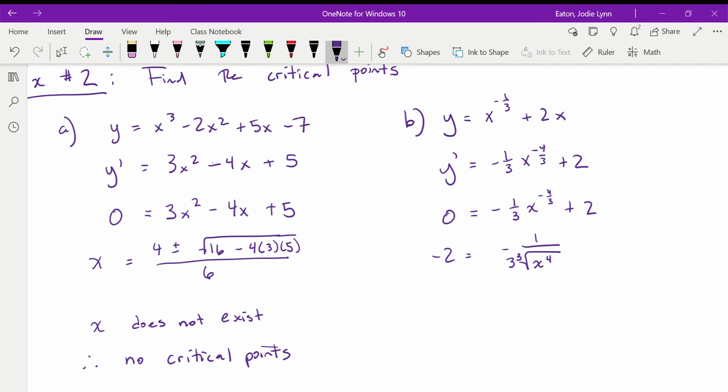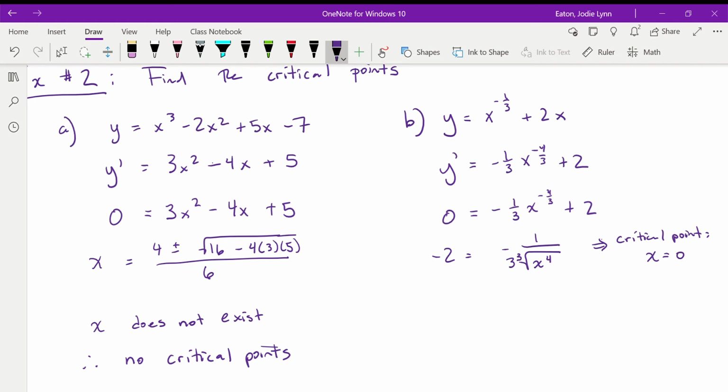If we look back at our original function, because we have a negative exponent, we're not allowed to have the cube root of x be 0 as well. We're going to have problems when x equals 0 there. It's not necessarily going to be a local max or min, but we do need to point out that we should check. So it's going to be either a critical point or an asymptote at x equals 0. So it's something we're going to need to look into if we're going to be drawing the graph of this function.